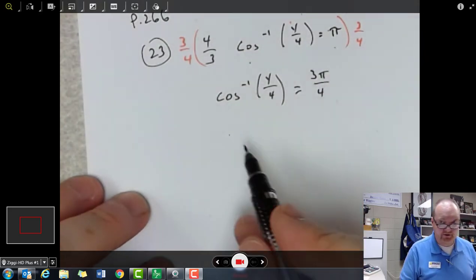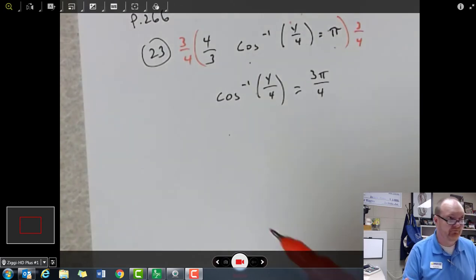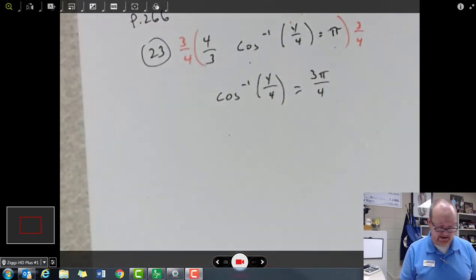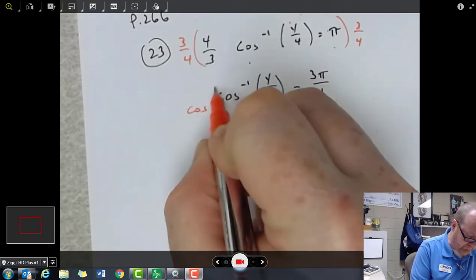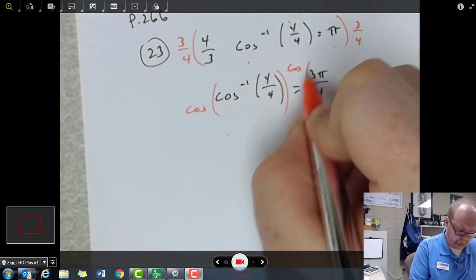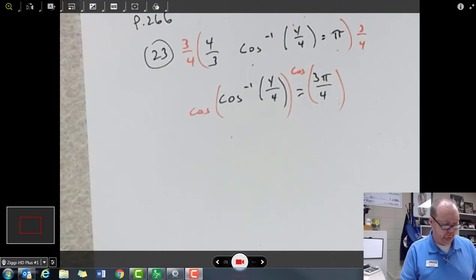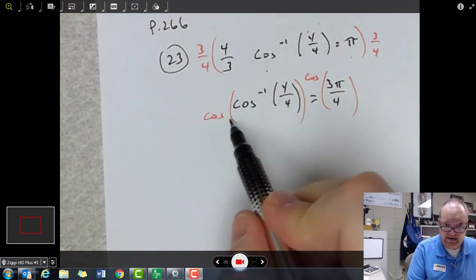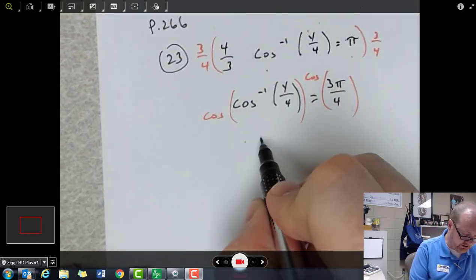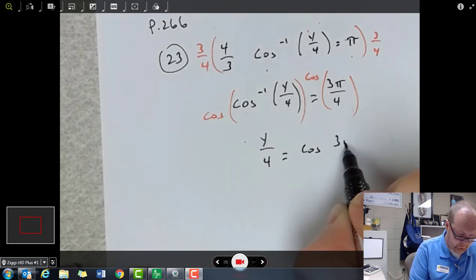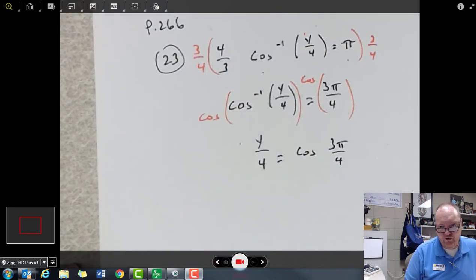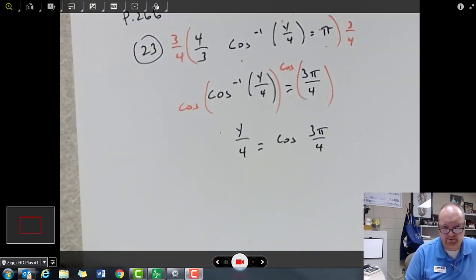I need to get rid of the inverse cosine, and again, we usually have a cosine and take an inverse. Now I'm taking an inverse, so I want to take the cosine of both sides. So once more, cosine and inverse cosine, they undo each other. So I'm left with y over 4 is equal to the cosine of 3 pi over 4. And as always, that's a special angle.